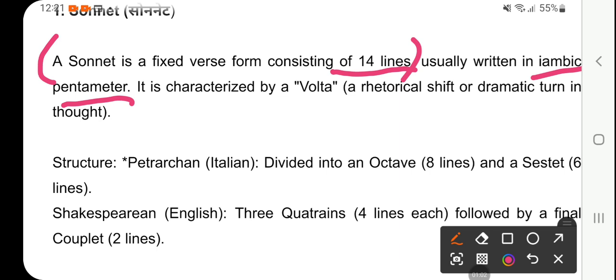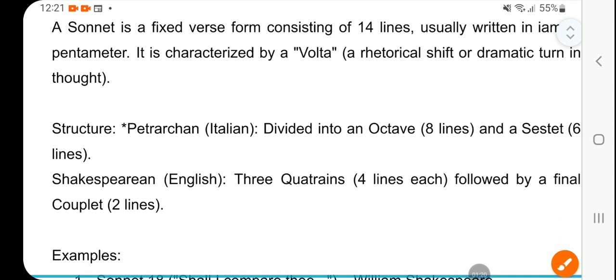It is characterized by a volta. These three terms you have to remember: 14 lines, iambic pentameter, and volta. So, what is volta? A rhetorical shift or dramatic turn in thought, right?